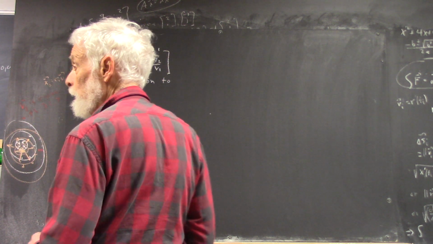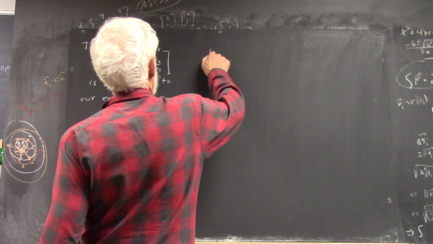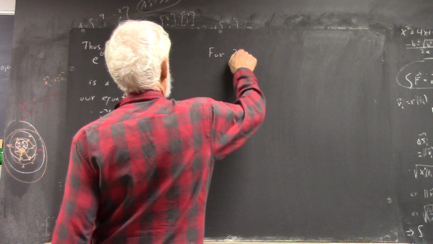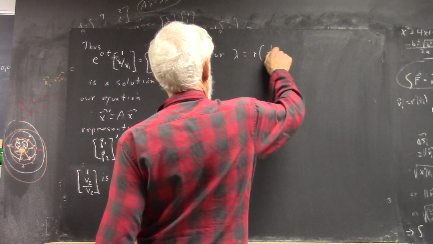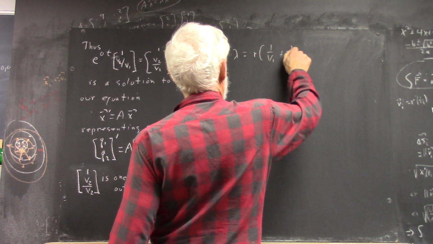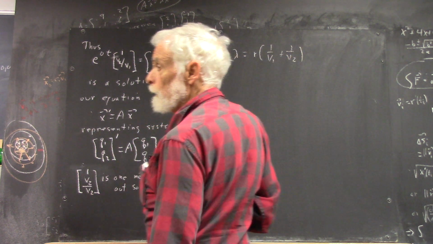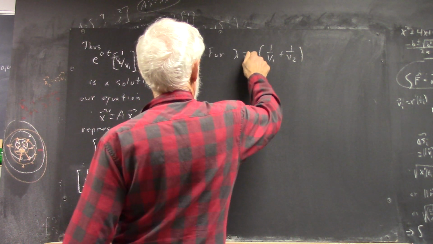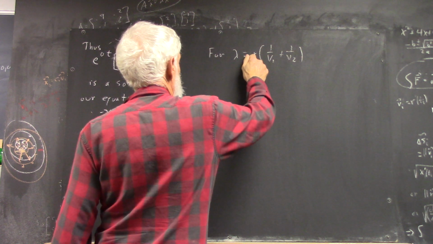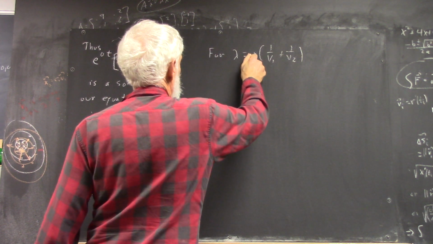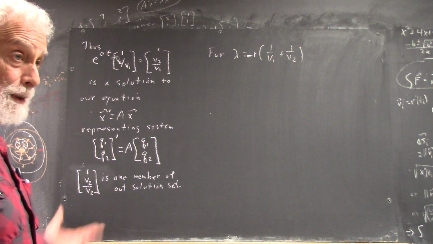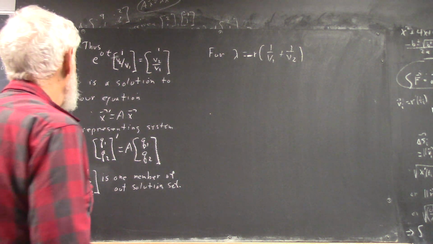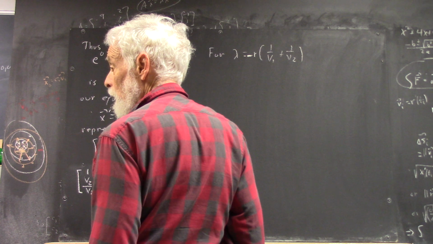Okay, so for lambda equals negative r times 1 over v1 plus 1 over v2, negative r times this, what does our equation become?